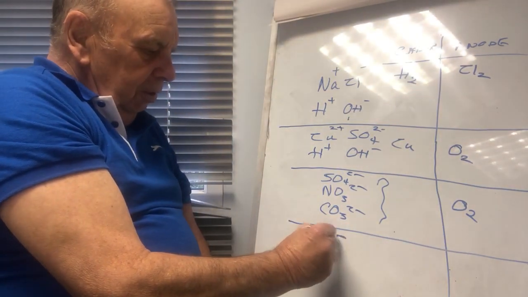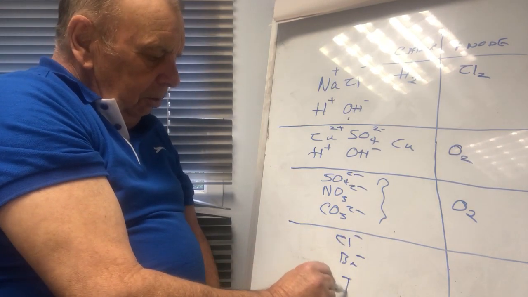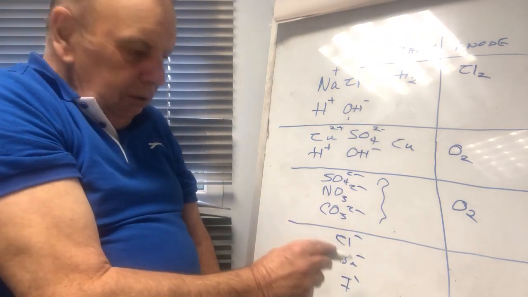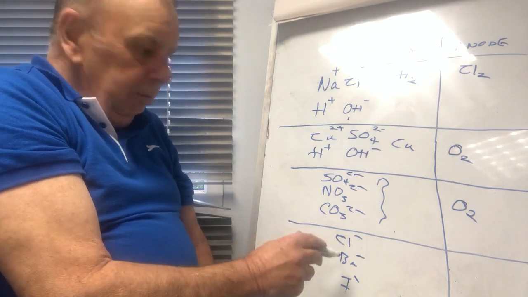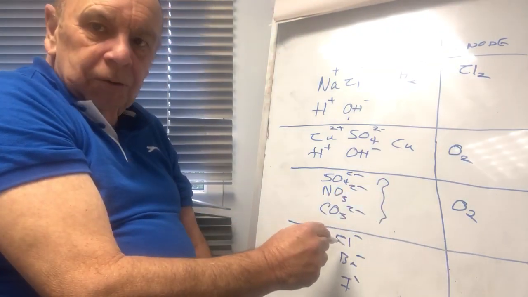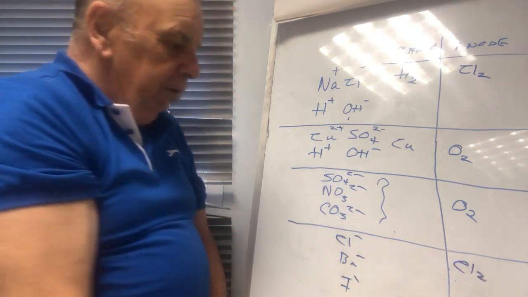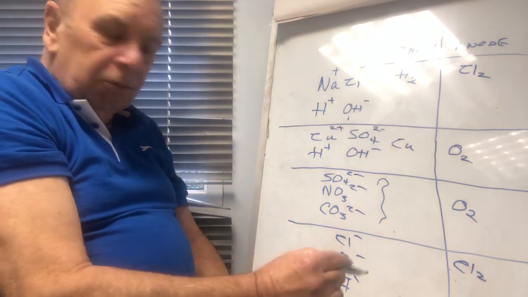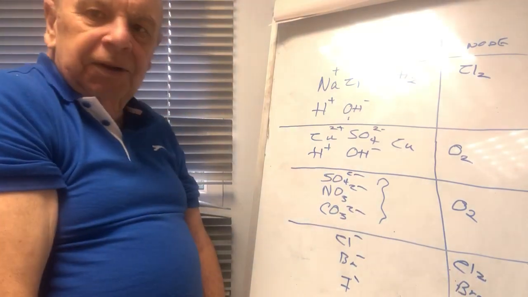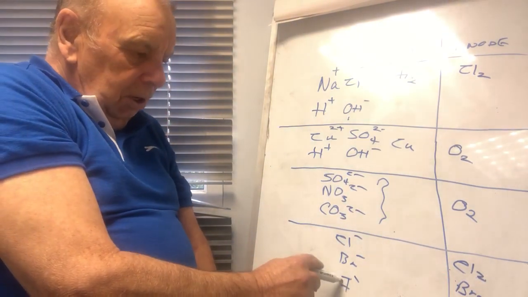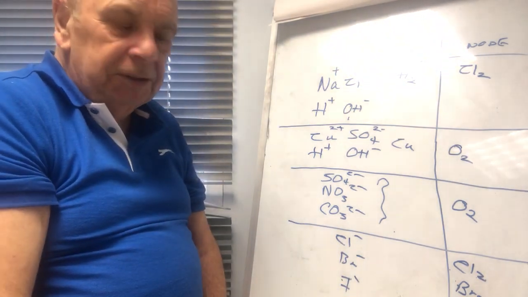If I've got a chloride, a bromide, an iodide, halide ions, I get them preferentially liberated compared to oxygen. So if I've got sodium chloride, I'm going to get chlorine gas. If I had potassium bromide, for example, I'd get bromine vapor. And if I had something like lithium iodide, I'd get iodine liberated.